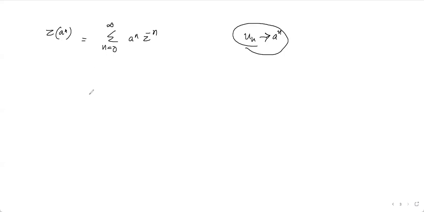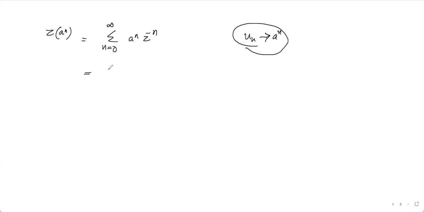Now, Z transform of a power n. We know the definition here: summation n is equal to 0 to infinity an Z to the power of minus n. We have the formula, summation n is equal to 0 to infinity un Z to the power of minus n. Here un is a to the power of n, right? By substituting it, we get this. Now let us substitute n is equal to 0, 1, 2, and so on.